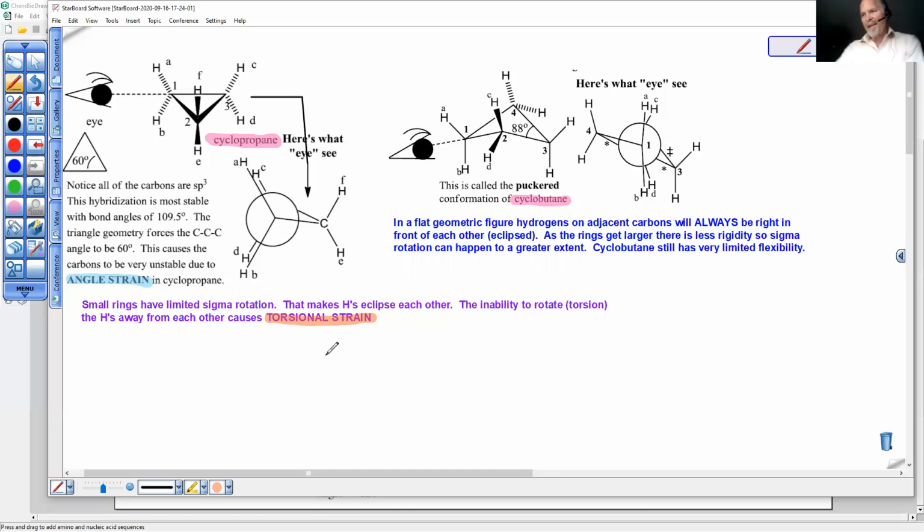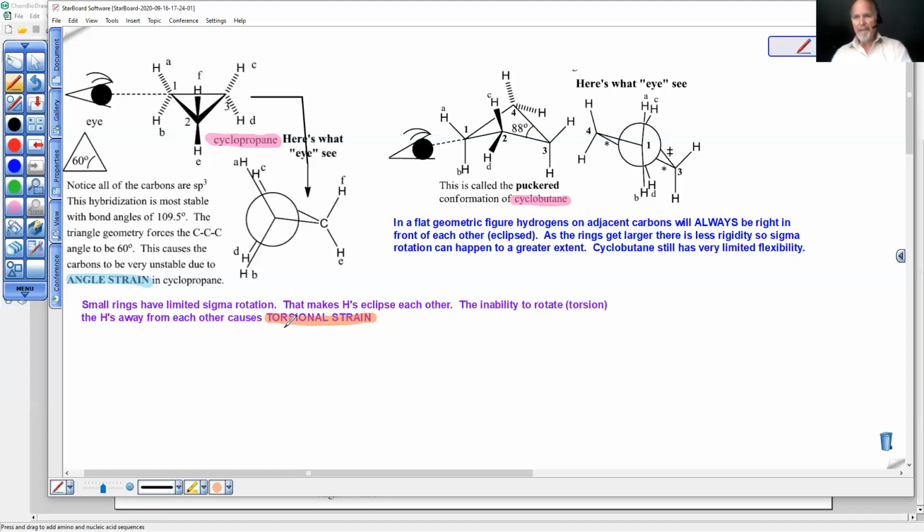When I say very little, I mean we have maybe 10,000 molecules with that ring size in them out of the trillions of molecules that exist in nature. That's 0%, isn't it? Doesn't mean they don't exist. It means they're very rare. Why? They suffer from a severe angle strain and torsional strain.